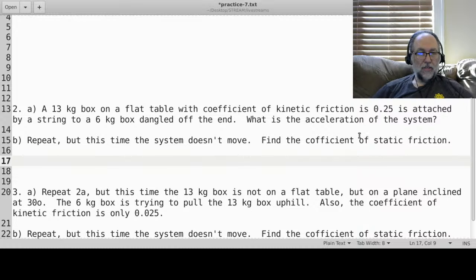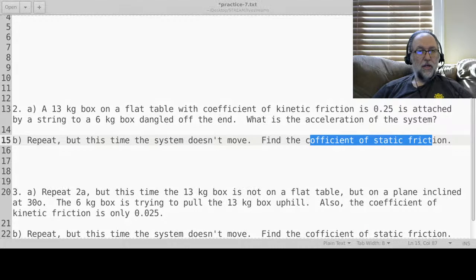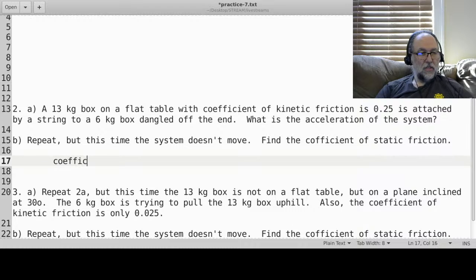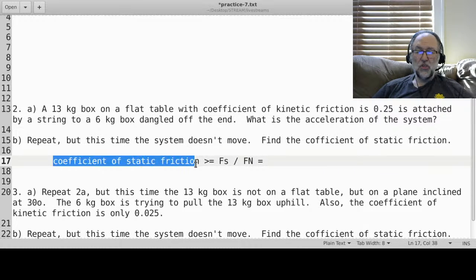And I don't have to write down all of the forces because all we really want is this coefficient of static friction. Okay. And so let's take a look at what we need. The coefficient of static friction. The formula for that is bigger than or equal to the force of static friction divided by the normal force, like that. All right. So again, as I said earlier, you can't actually determine the exact value for static friction.